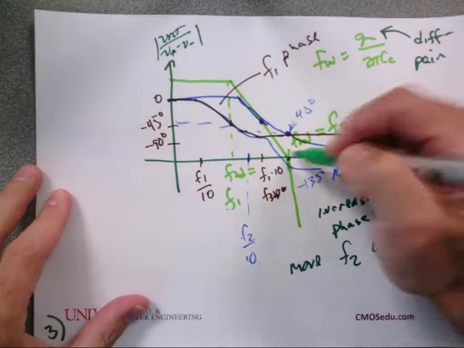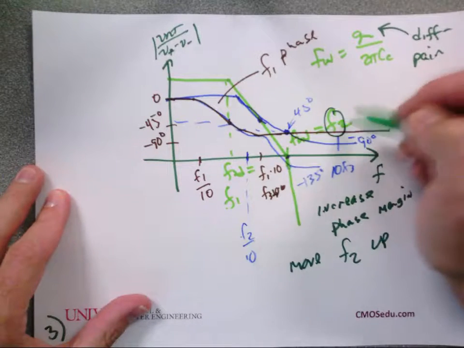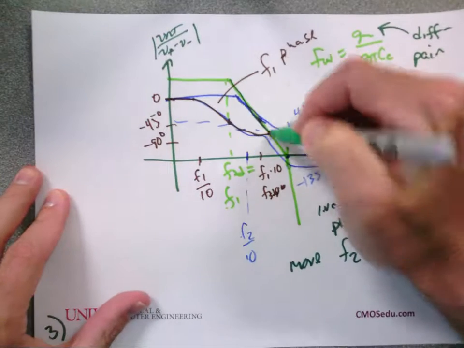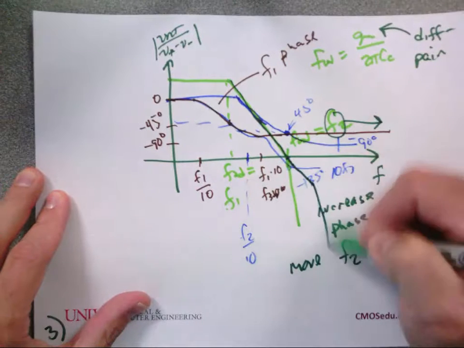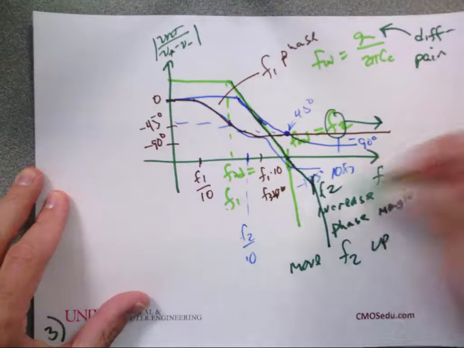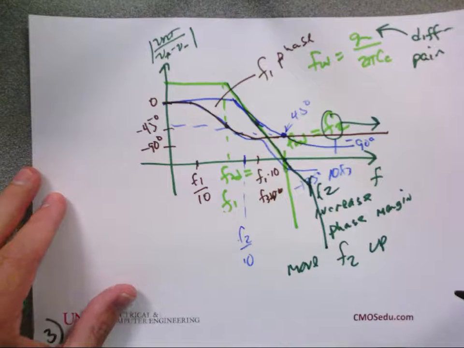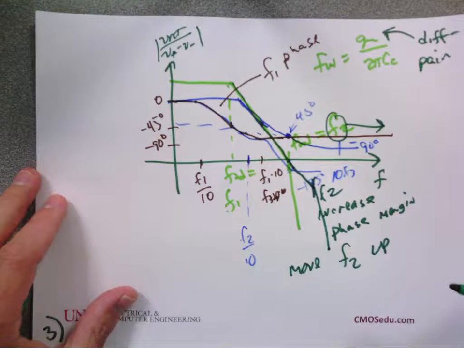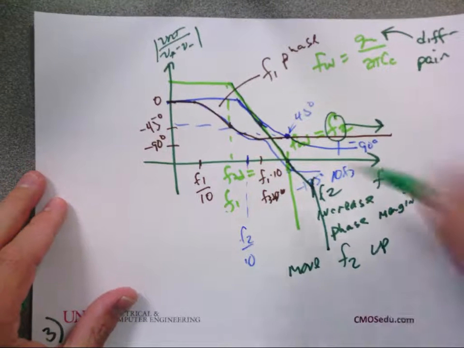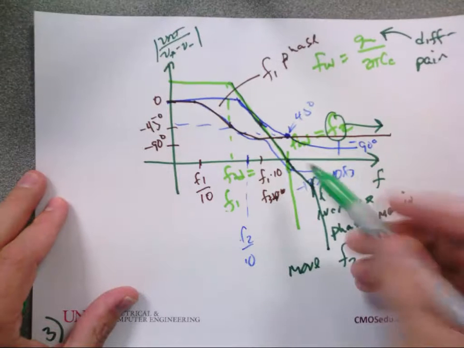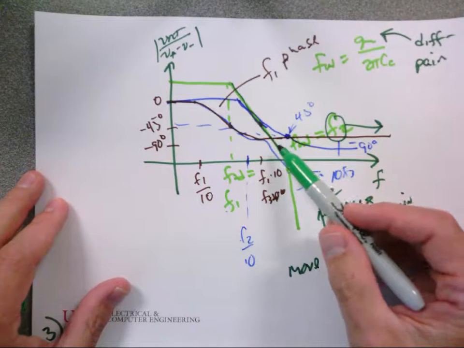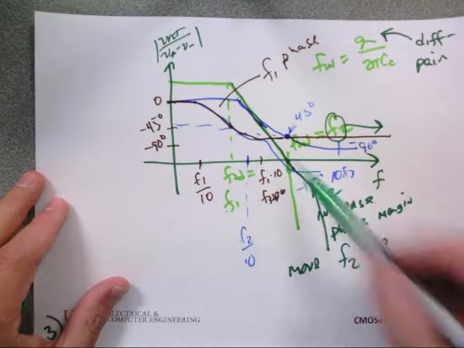So I need to move F2 this way so that instead of having this, I have the following. So now this is the F2. It's moved up. Does everybody follow that? So I need to move F2 up because then if I do, the phase response from F2 is going to be further out.